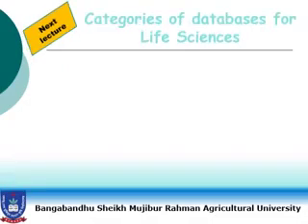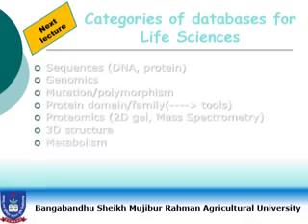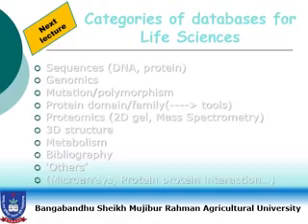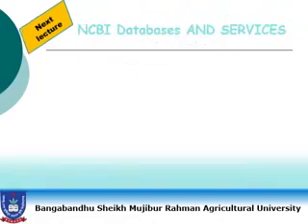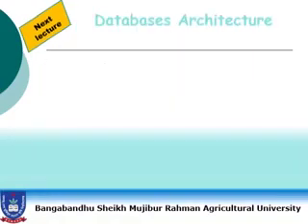Then NCBI databases and services we will also try to discuss, and then an important thing, database architecture, we will also discuss in our next lecture. All of this includes database architecture.